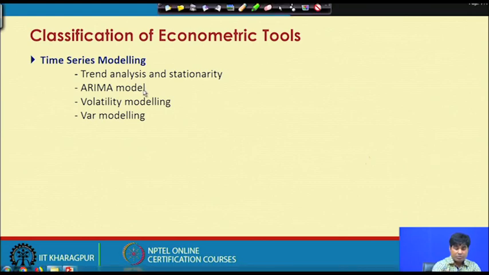All kinds of models are there to address some of the engineering problems, and we have volatility modeling, VAR modeling.